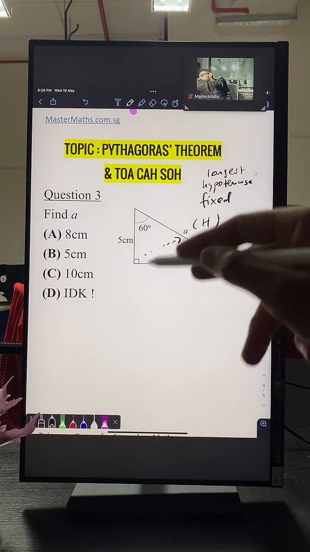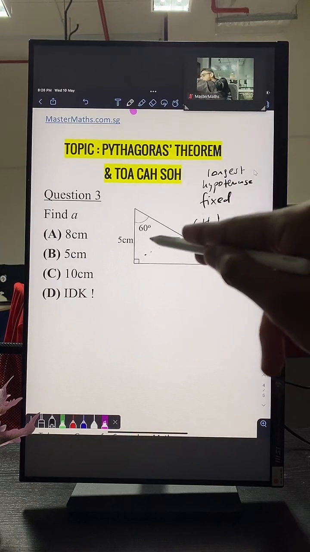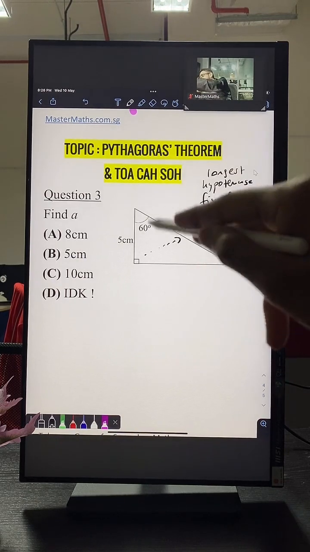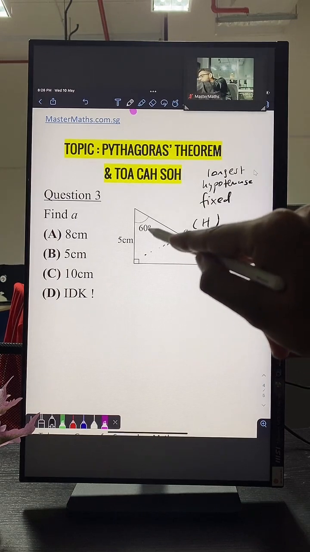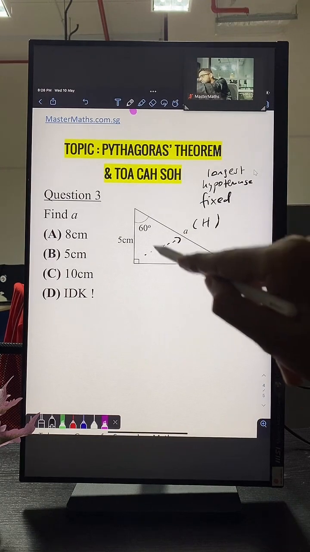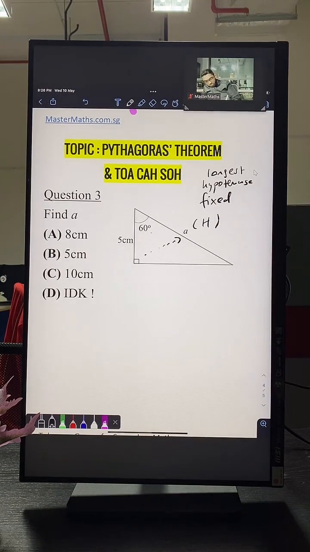It doesn't change. The opposite and adjacent will change according to what? According to where your angle is. So if your angle is here, your opposite will be across it. So this will be the opposite length.